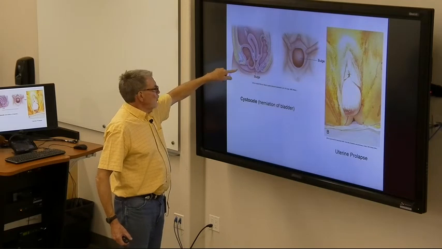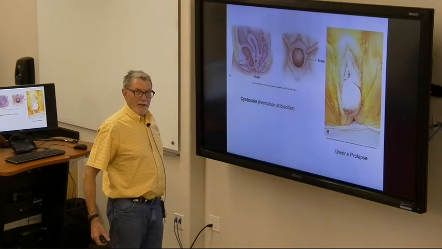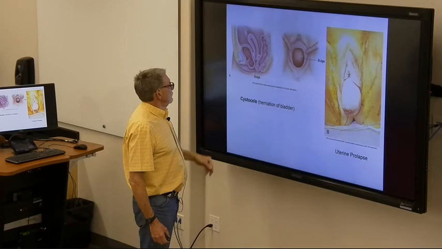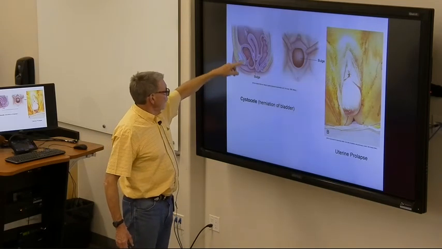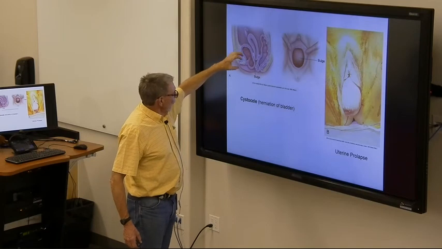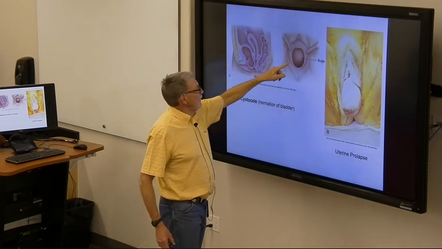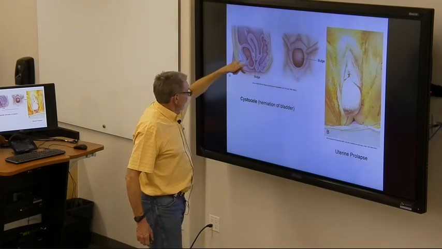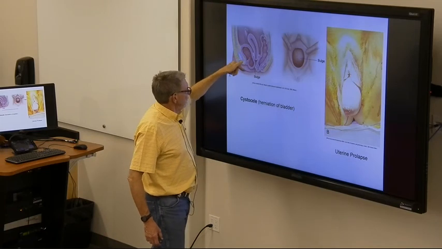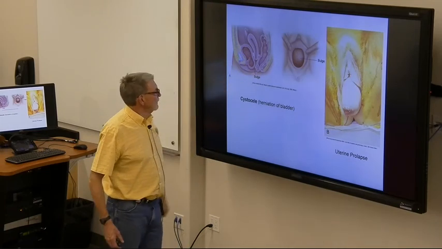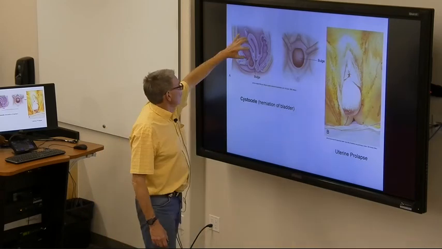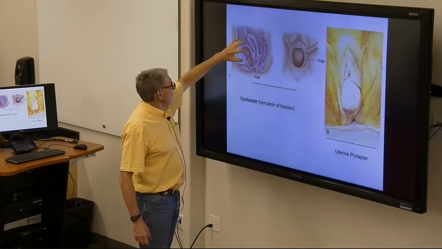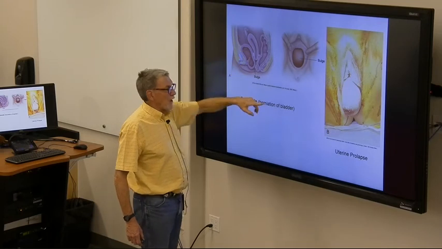Bulge, pushing down of the bladder, cystocele, the bladder bulging down so you can actually see it pushing out through the perineal opening here. Here's a uterine prolapse where the uterus just lost its attachments and is falling out through the vagina.